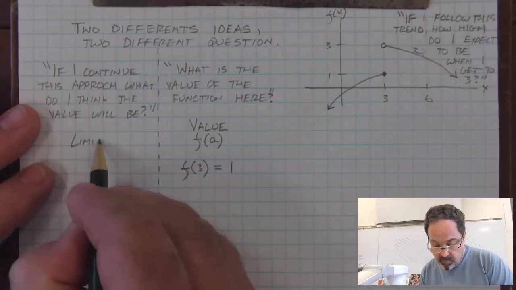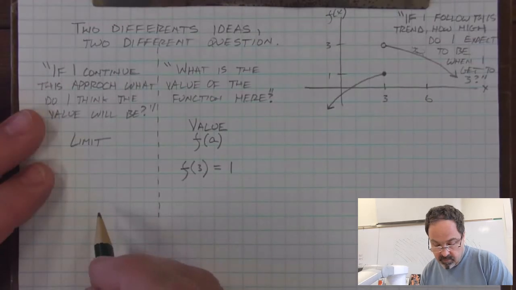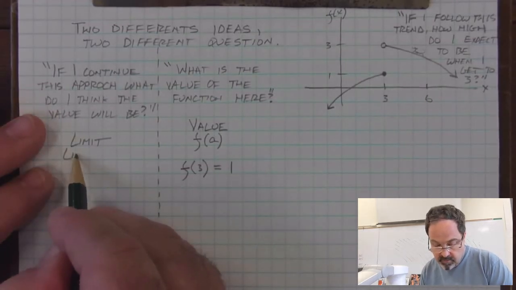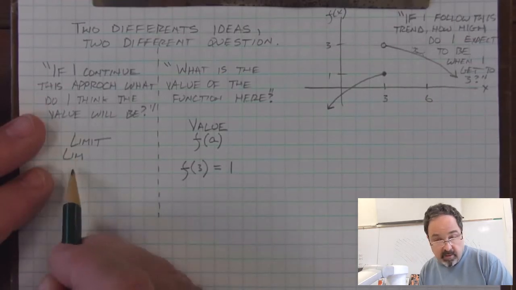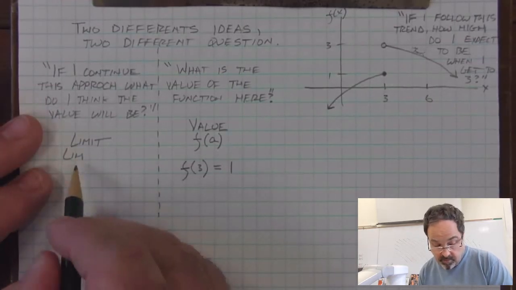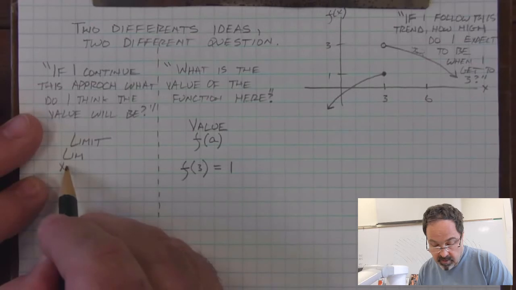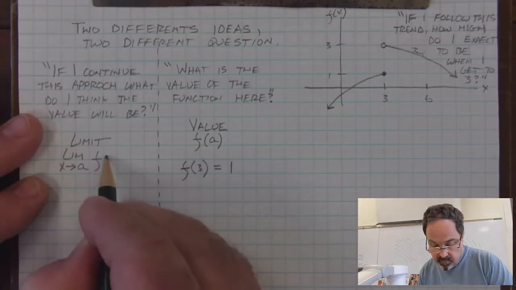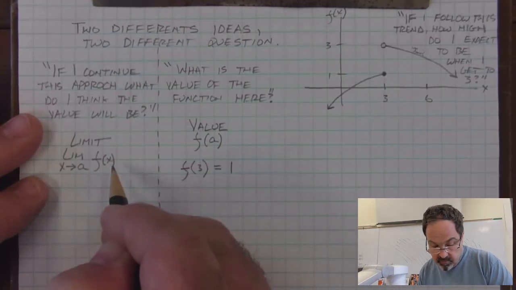This question is called a limit. And the notation for a limit looks like this. LIM, abbreviated limit, as x approaches a value in the domain A of the function that we're working with, f of x.